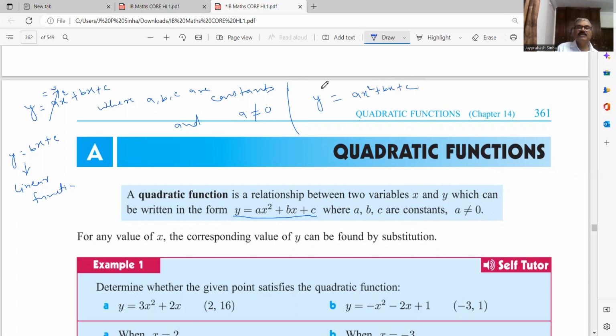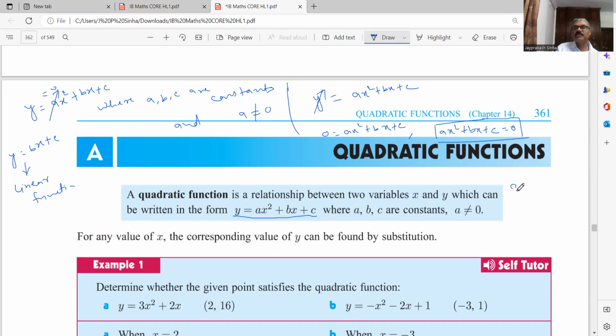But if you put y is equal to 0, 0 is equal to ax square plus bx plus c, or we can write ax square plus bx plus c is equal to 0, then it becomes a quadratic equation, and you have already studied it.